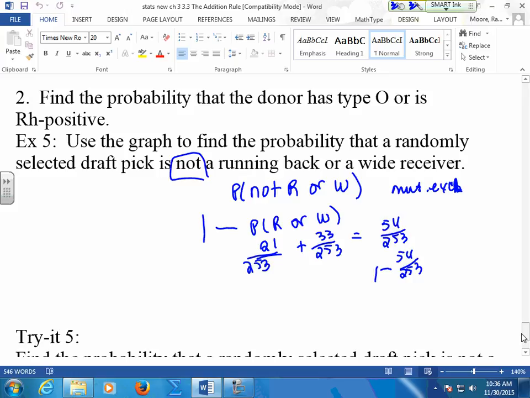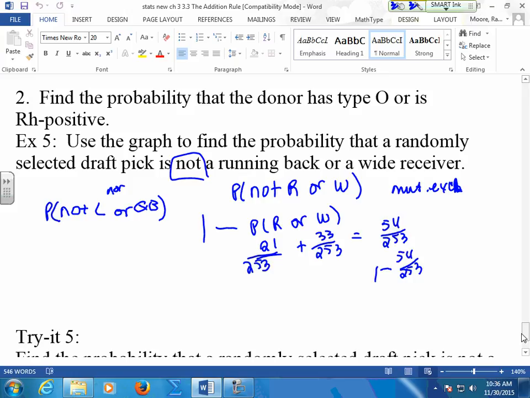Now you have to find the probability that you are not a linebacker or a quarterback. They probably should have used nor, because it's not. So find the probability. Are those mutually exclusive? Can you be a linebacker and a quarterback at the same time?